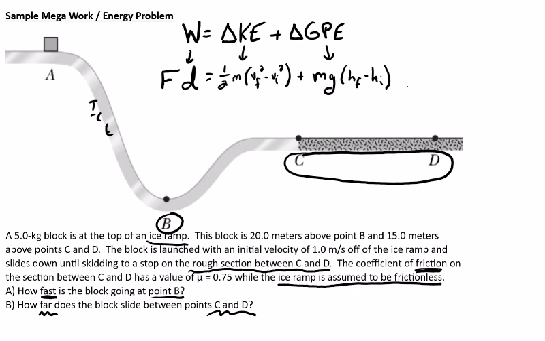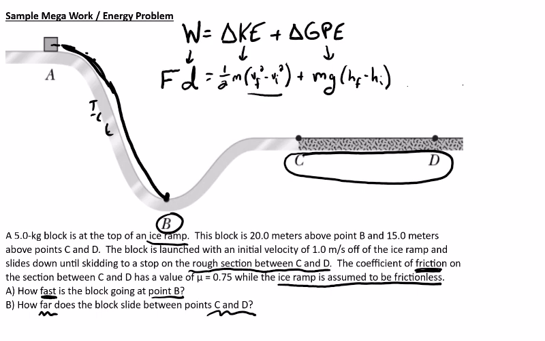If I'm trying to figure out how fast the block is going at point B from point A, the object is starting up here at point A. It's going to slide down this ramp, like so, to point B down here. So this is going to be the path of it. During this, do I have some kind of change in velocity?